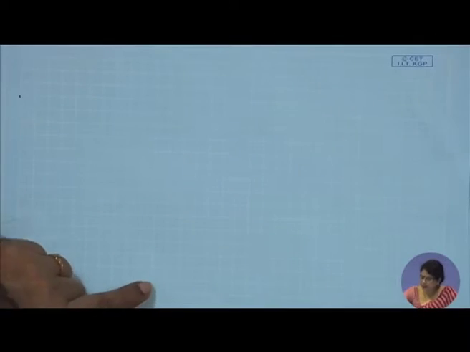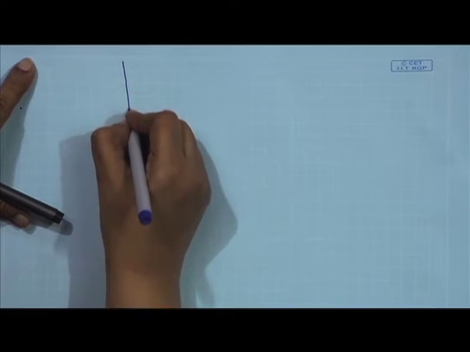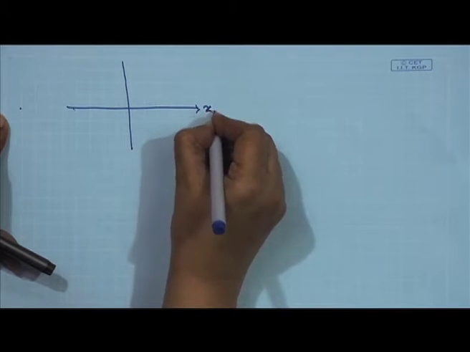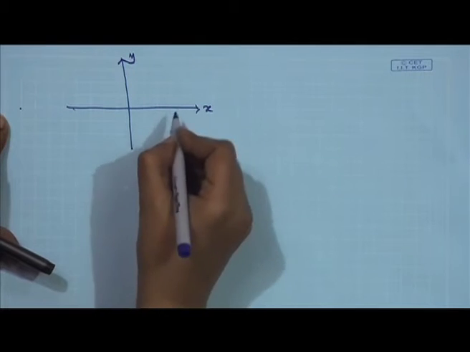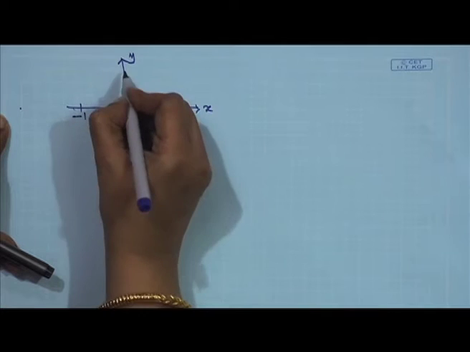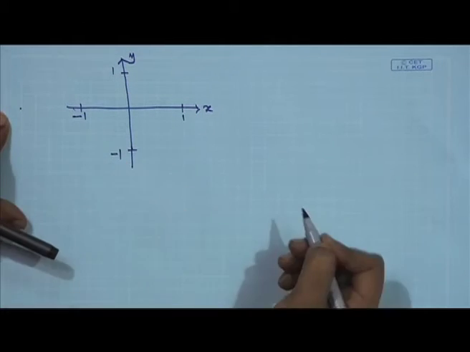If I want to explain this one in the 2-dimensional space, just to see what is happening. This is the x, this is the y direction, alright. My range is from minus 1 to 1, and minus 1 to 1, alright.